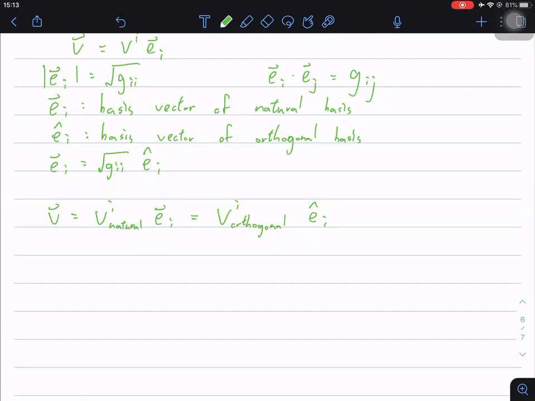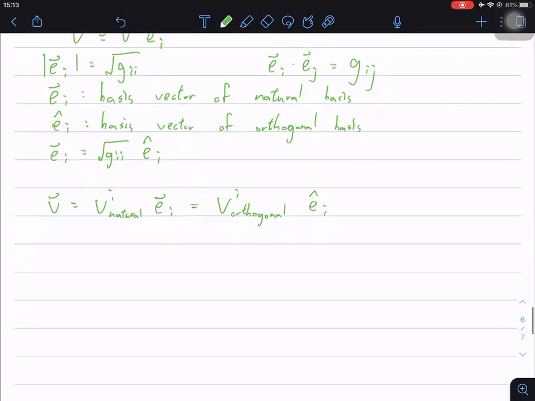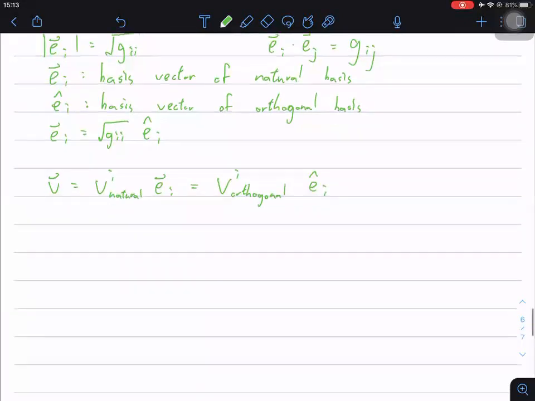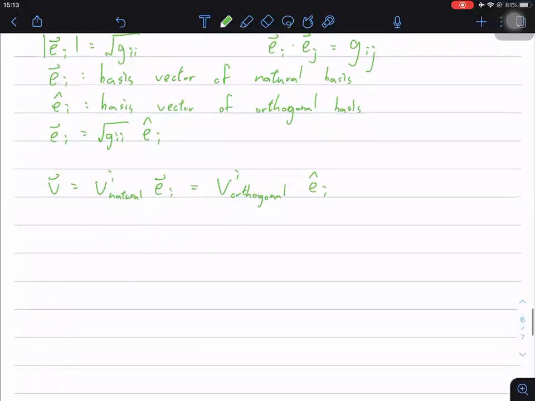Since the vector itself, geometrically, is unchanged no matter whichever basis vector we use, we must have these relations.